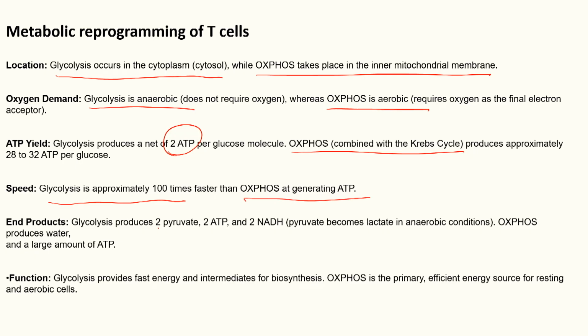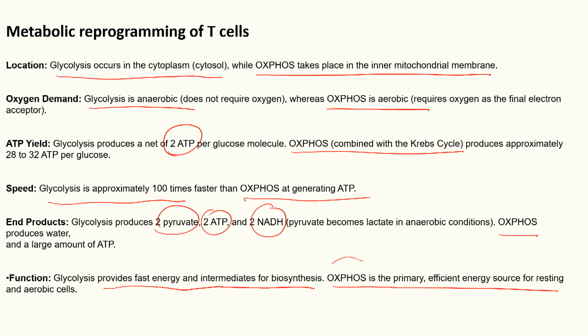The end products of glycolysis are 2 pyruvate, 2 ATP and 2 NADH. While in oxidative phosphorylation, we see a large amount of ATP produced at the end. Glycolysis provides fast energy and intermediates for biosynthetic pathways, while oxidative phosphorylation is primarily an efficient energy source for resting and aerobic cells.